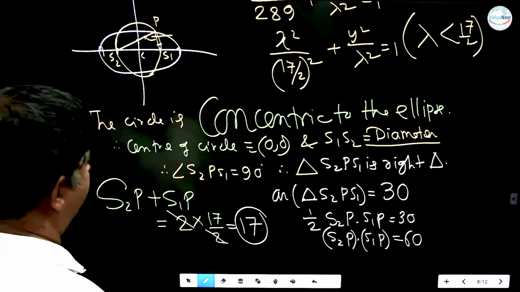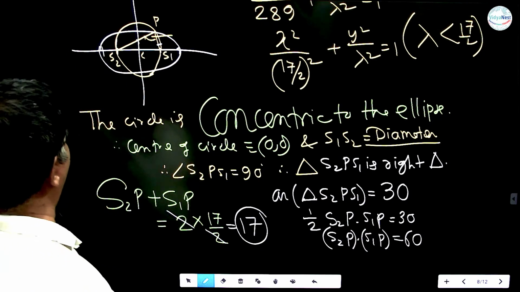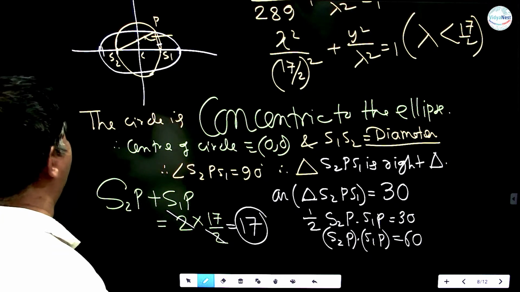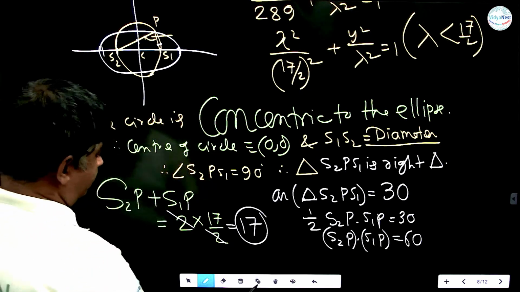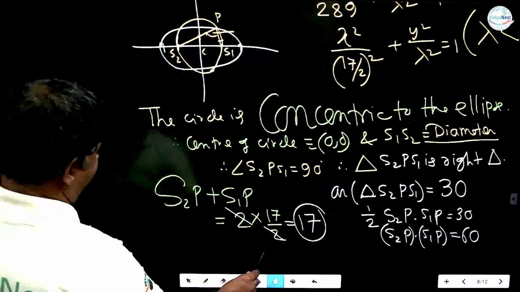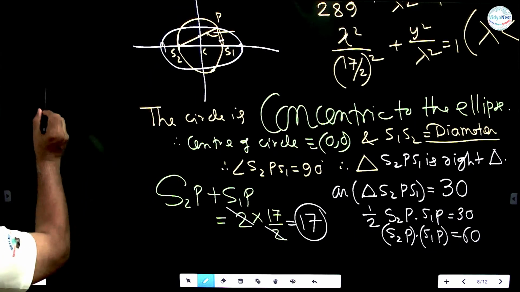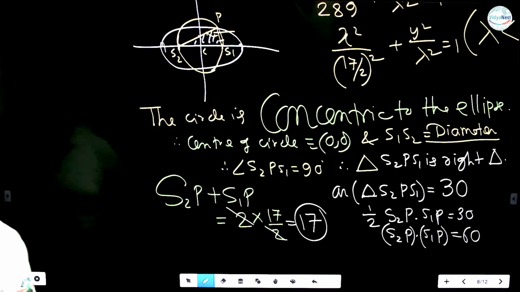Now we have to find S1, S2. You know the Pythagoras theorem? Yes or no? Yes, sir. Let's see how the Pythagoras theorem abides by us. This triangle is a right angle triangle.